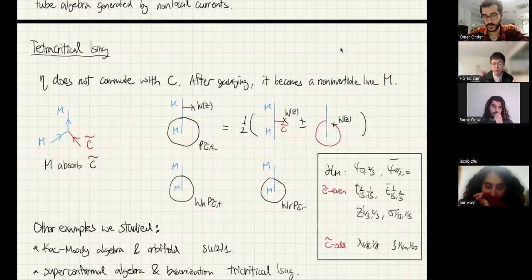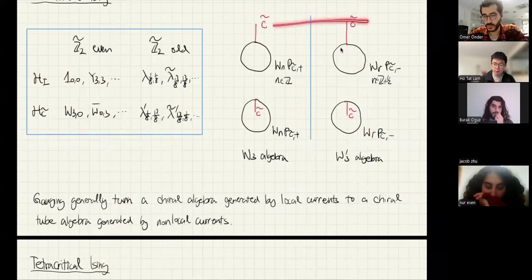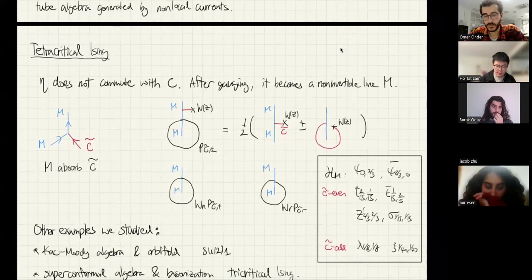As a result, you can build a chiral tube algebra again. But this chiral tube algebra is now different from this one. It's actually closer to the one that we have seen before. This is a chiral tube algebra that maps you from the M defect Hilbert space back to the M defect Hilbert space. It doesn't mix defect Hilbert spaces.